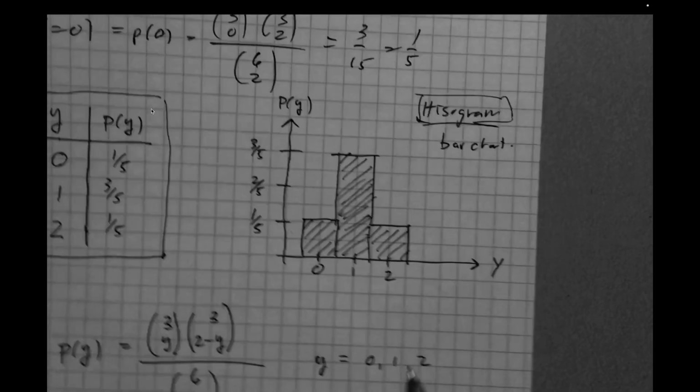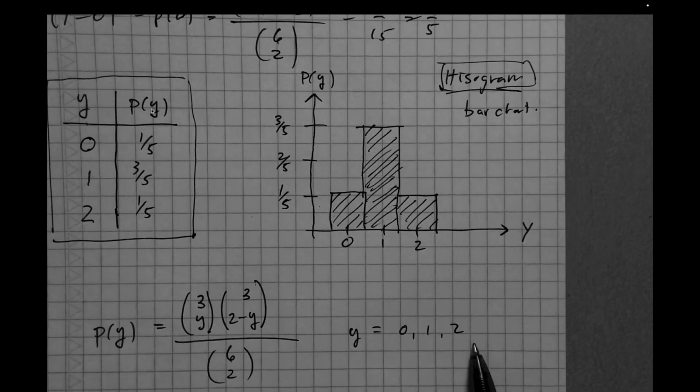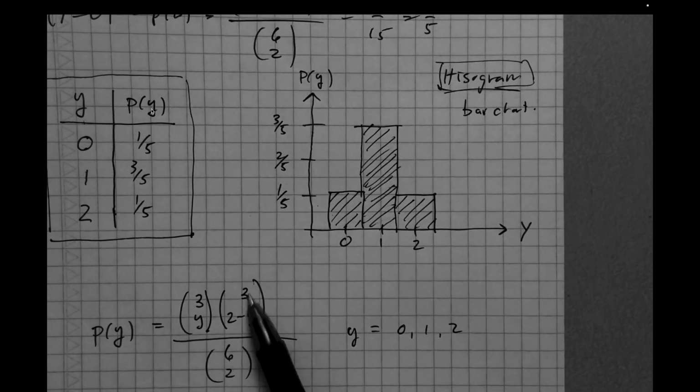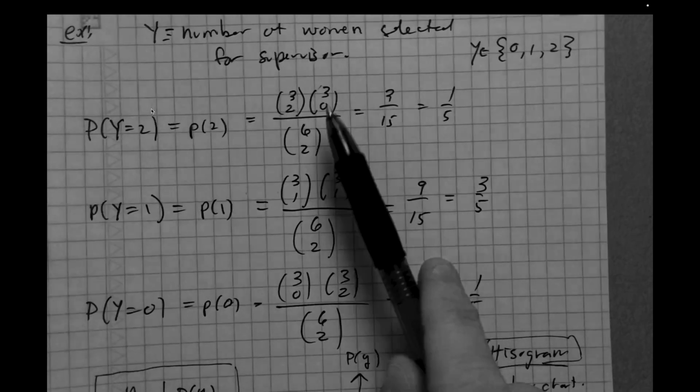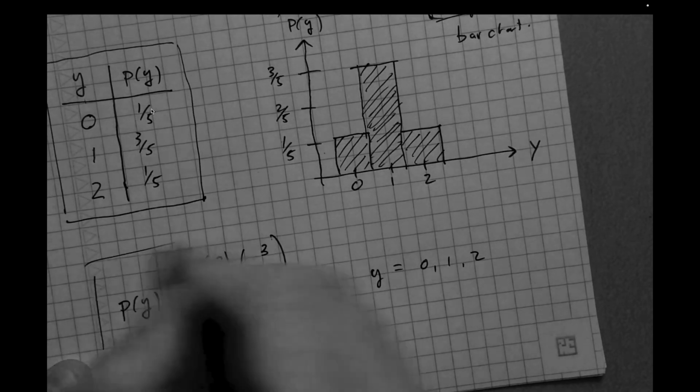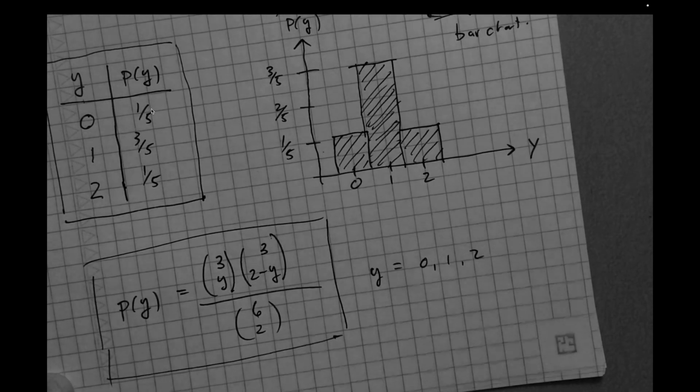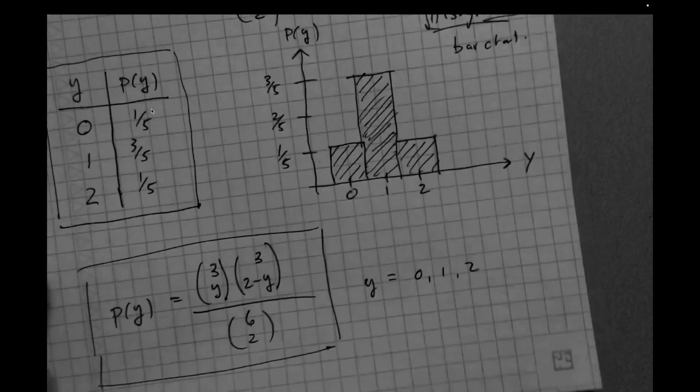And then obviously if you plug in a 2, you get 3 choose 2, 3 choose 0, 6 choose 2, which is exactly what we have up here. Right, so this formula is another way to write the probability distribution. Okay, very good. So that is what we mean by a probability distribution.